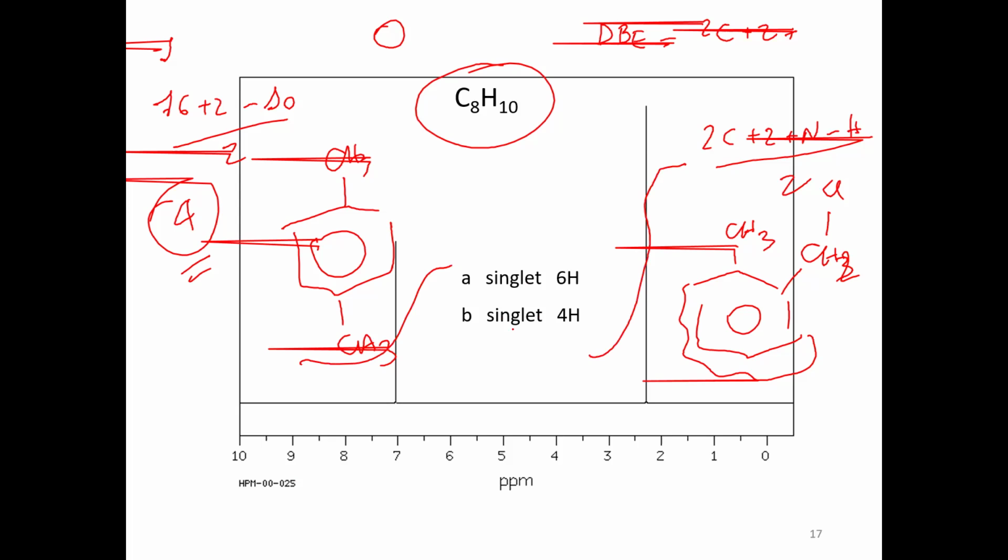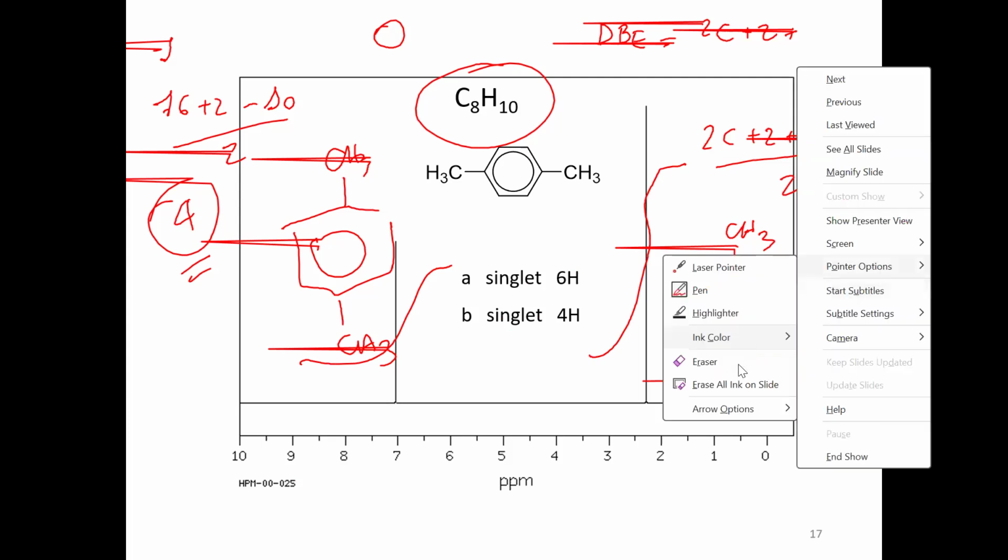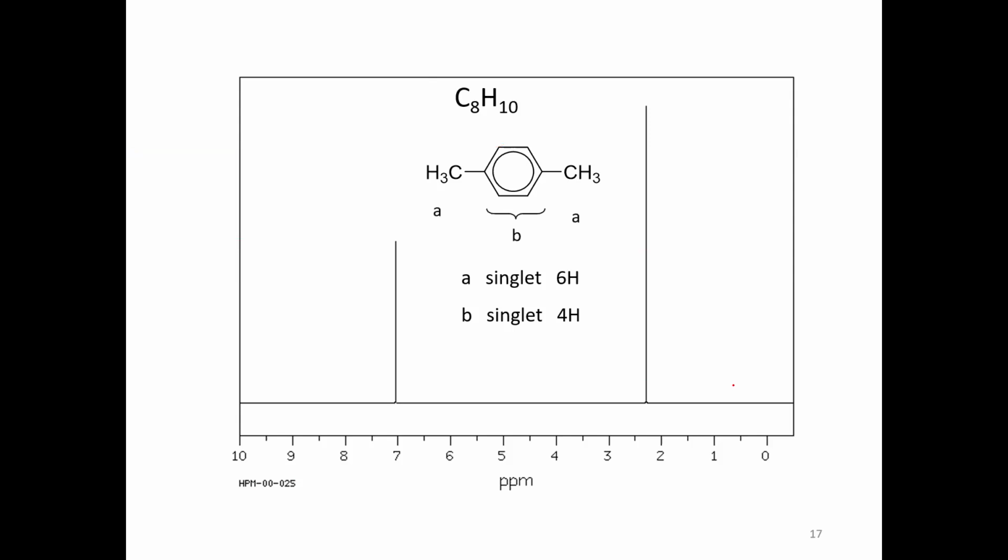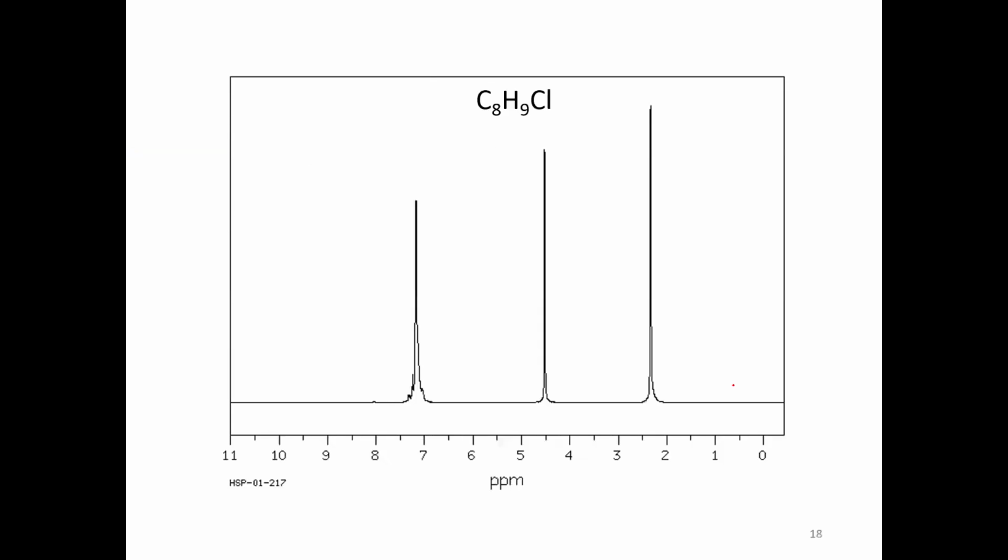If you know that you have 2 signals only, one integrates 6, one integrates 4, you can work out this one almost immediately. How about this one? Start calculating that. We'll do 5 more minutes and then we'll call a break.